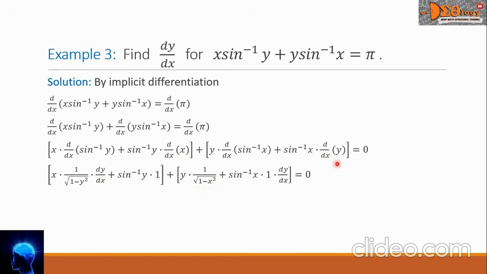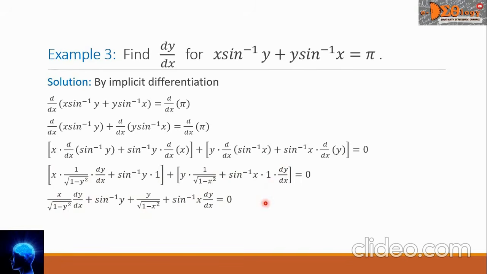Next, derivative of y is 1 times dy over dx. Now let us simplify this line into like this. This expression here becomes like this. This expression is now simplified into this. This expression is simplified into like this, and also this one here becomes like this.